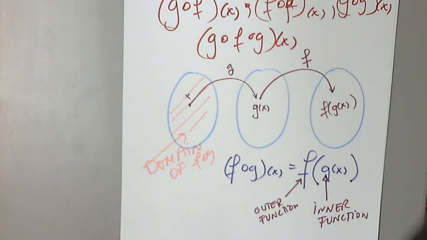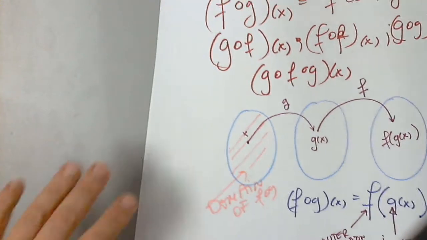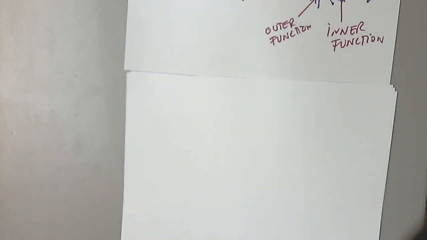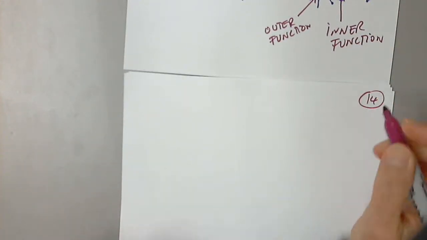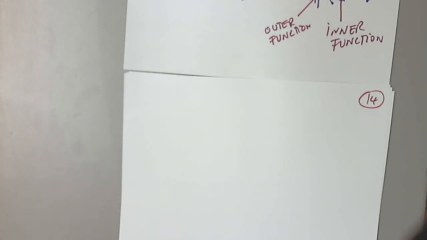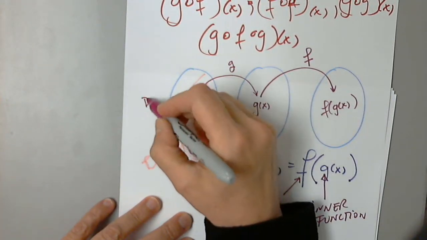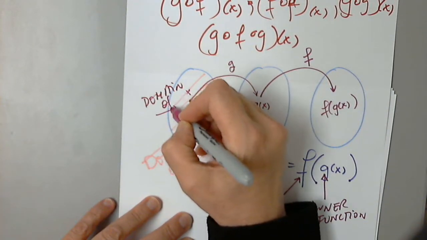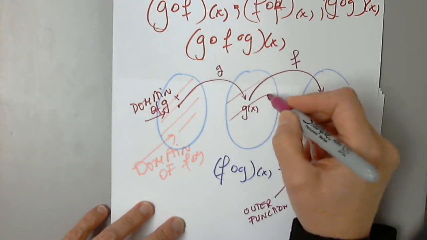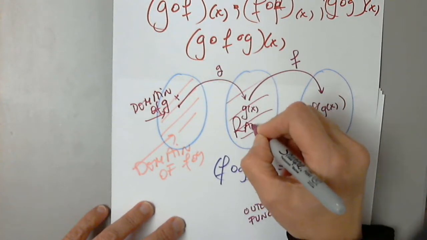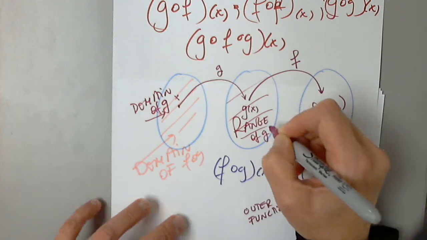Okay, so let's look at an example with function composition. Different story, way more sophisticated. So maybe I should write this here. So this is also domain of g. This is also range of g.